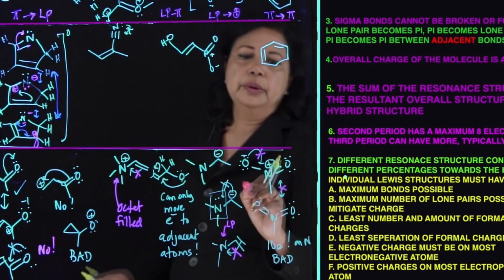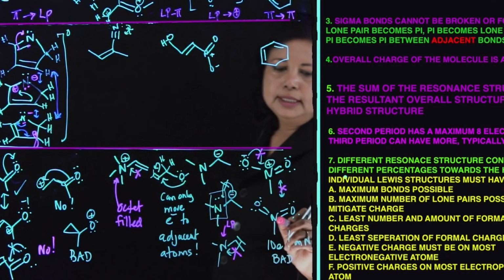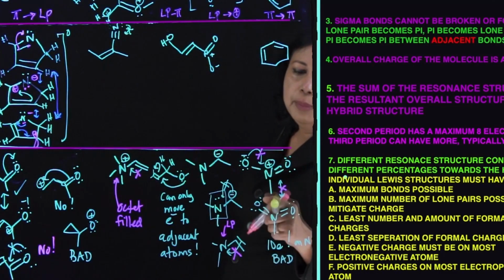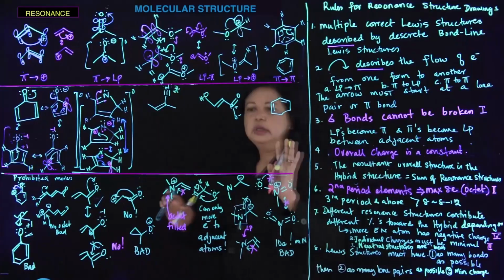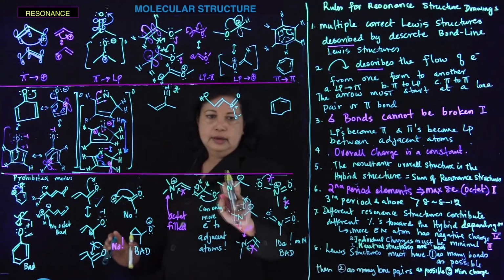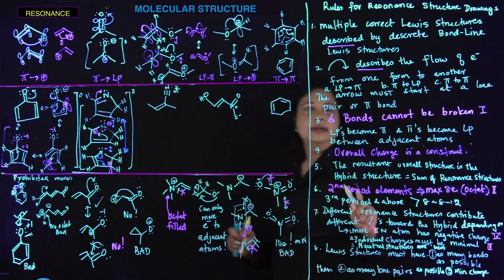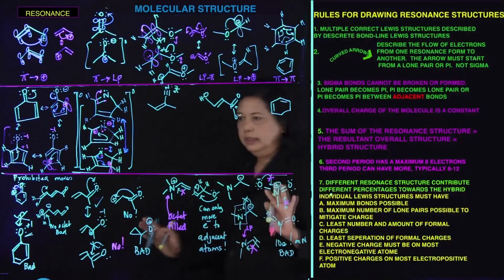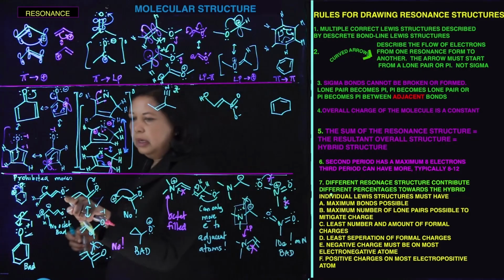So even though you are looking at charges and trying to do this, this is not possible mainly because of the octet rule. So you have to make sure charges are correct, octet rule is all obeyed, and you're not breaking sigma. So let's take this molecule over here.